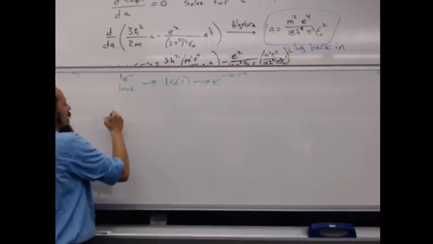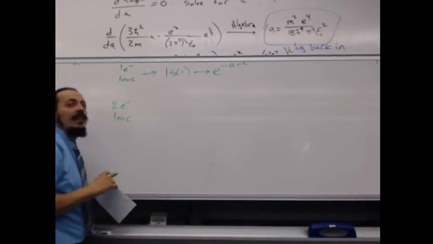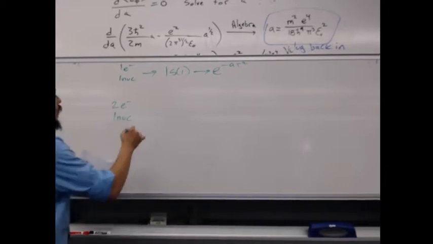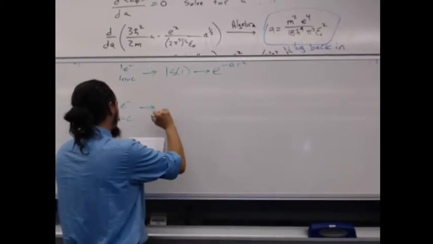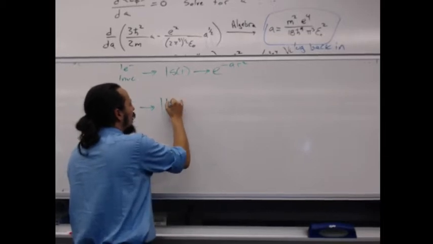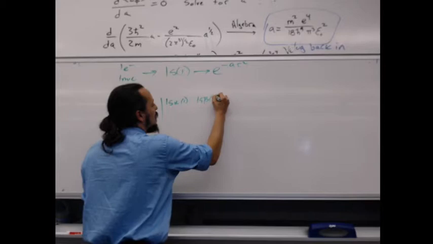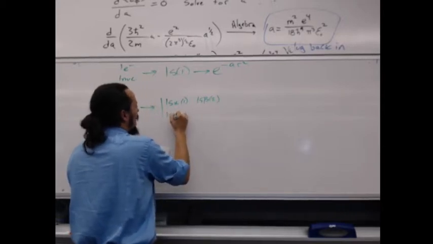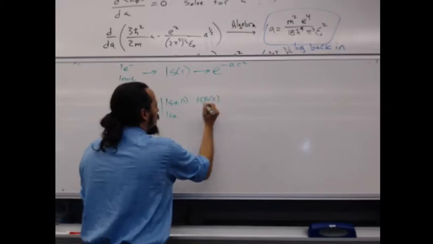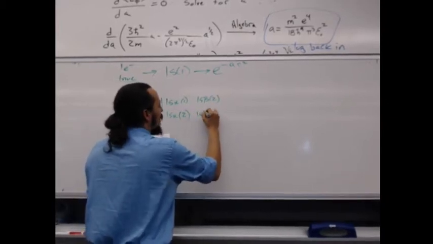If we're doing 2 electrons, 1 nucleus, this would be the helium problem that we originally didn't solve. We can do guess functions created from a secular determinant: 1s alpha 1, 1s beta 2, 1s beta 1, 1s alpha 2.